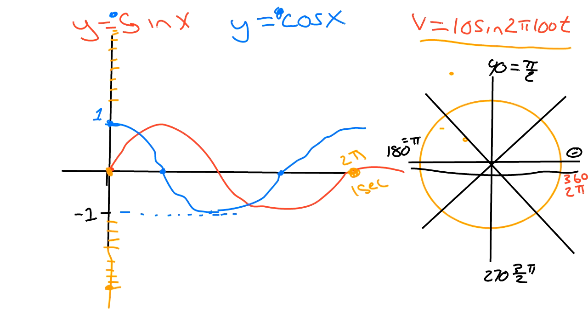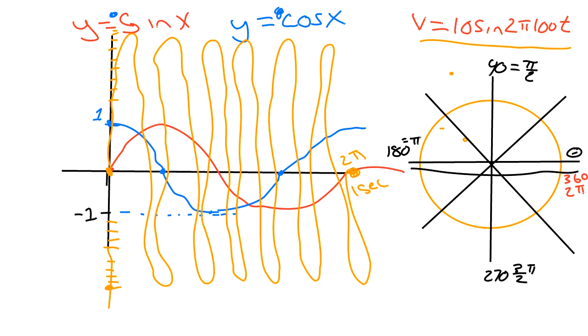There are 100 of these cycles. It's all crooked, but this is 1, 2, 3, 4, 5, or do 6, but in reality we have 100 cycles, and it would really look more like this, real close together.